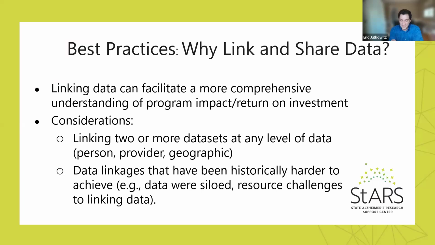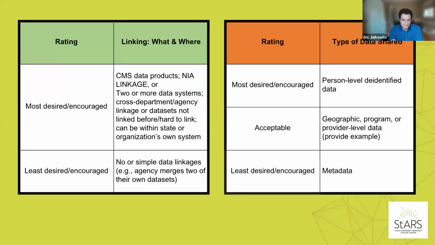But the linkage has to be appropriate for the question at hand. And we really want to support folks who are linking data sets that have historically been challenging to combine under existing structures.